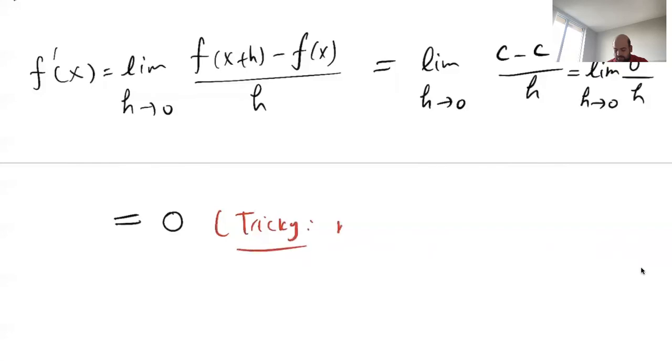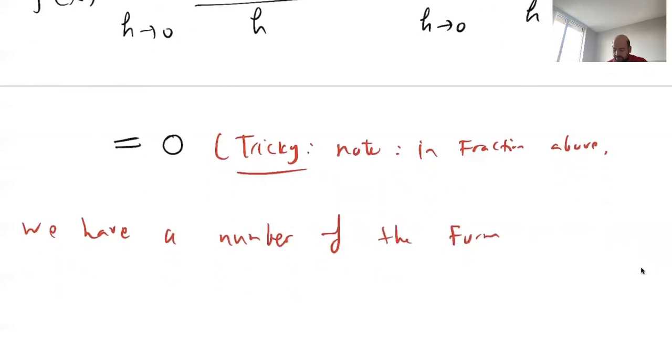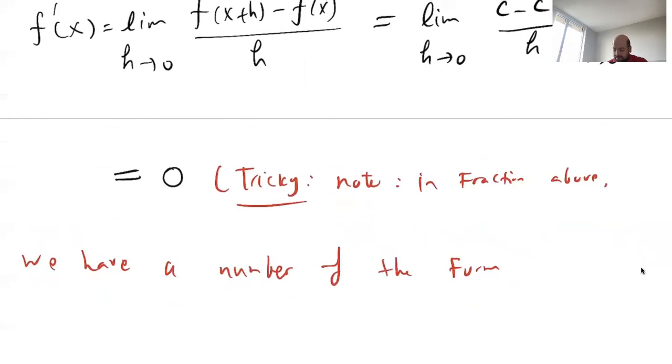Note in the fraction above, we have a number of the form... See this number, look at this fraction. The numerator is exact 0 over limit 0.